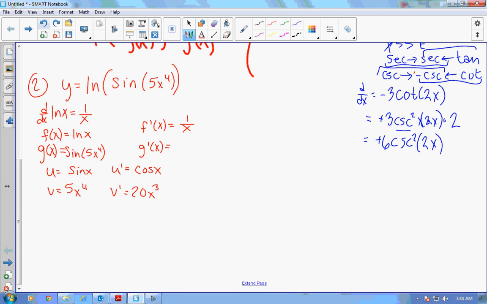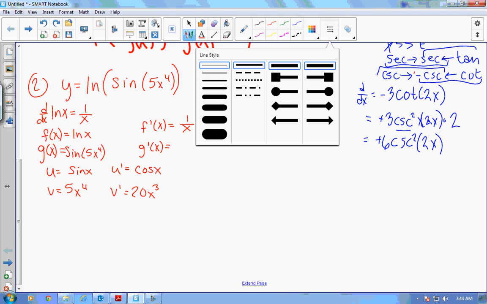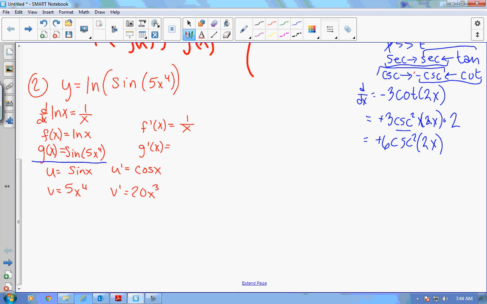Okay, so now that we have those all laid out, we can do g prime of x, the derivative of sine of 5x to the 4th. Gisu, what would the derivative be? Good. And she was right, this is of. That's not times, that part's of, and then we say times the 20x cubed.